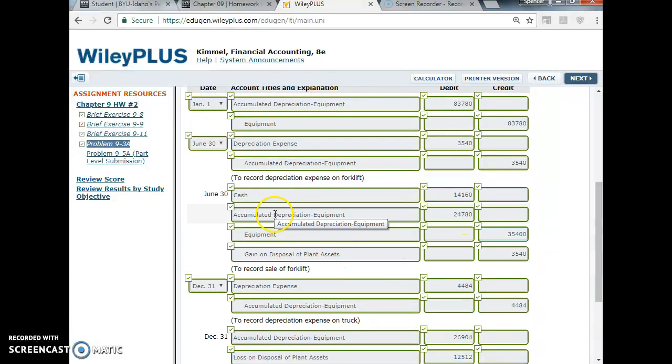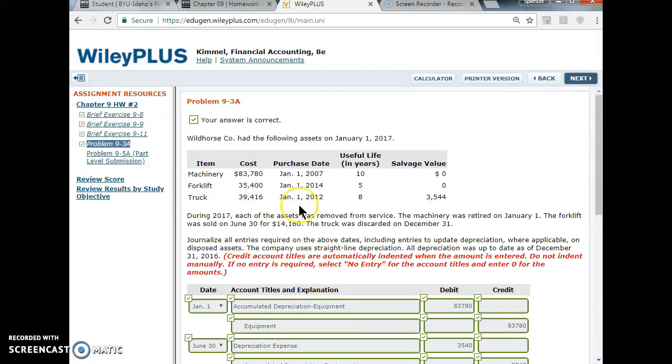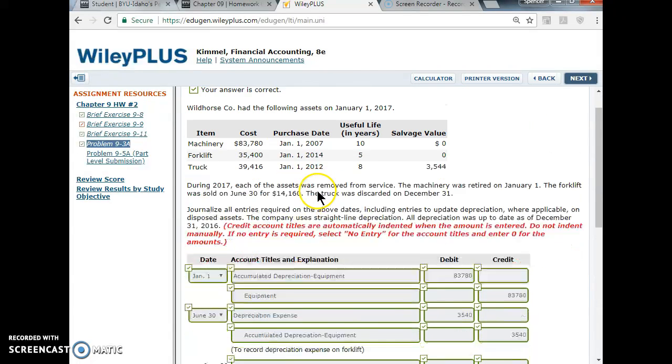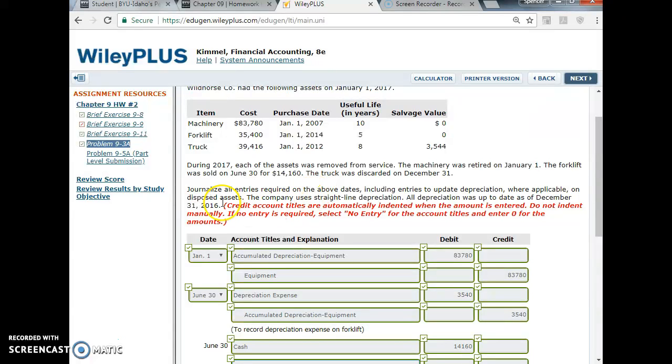For this one we have to calculate the total accumulated depreciation from the time they first bought it. It was at $35,400, and we already determined that the yearly depreciation was $7,080. So we have $7,080 times 3 years that they've had it, because they bought it in 2014, and then we're going all the way up to June 30th, 2017. So that's 3.5 years.